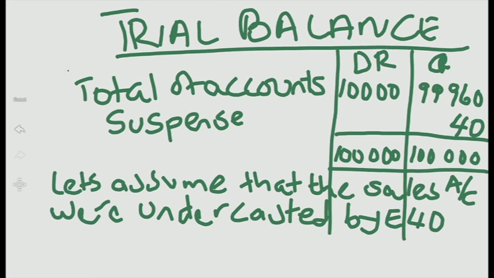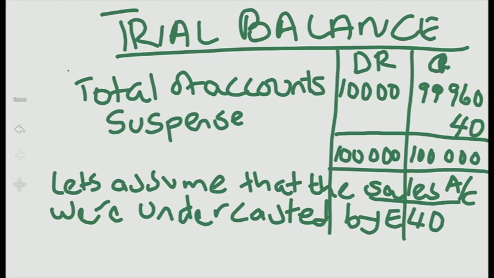What are we going to do now? That simply means the 40 emalangeni, instead of writing suspense account, was supposed to be for the sales account. If the sales account had been undercasted, that means we have recorded less value to the sales account than we were supposed to record.